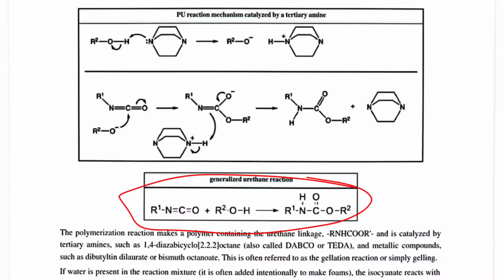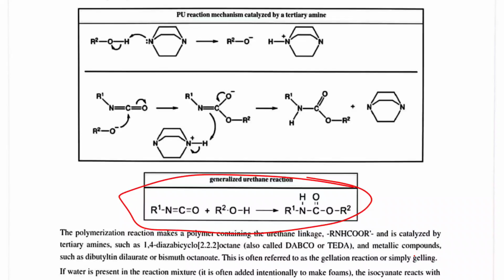So the lone pair of the oxygen of the glycol OH group will attack the carbon of isocyanate, and after resonance stabilization the hydrogen is attracted by the lone pair on the nitrogen of the isocyanate.